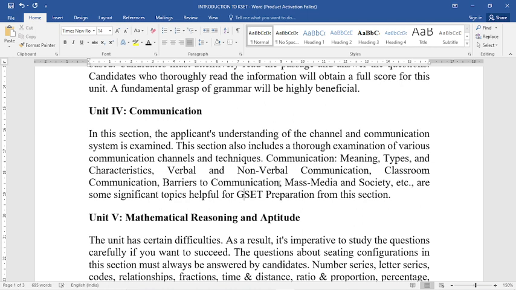For example, noise is a barrier. Like we are teaching here, but there is a noise outside of our class or inside of our class, and that may be a software issue. Like now I am delivering this video through YouTube, means I am recording here. If my recorder is not good, then there may be a barrier to my communication.